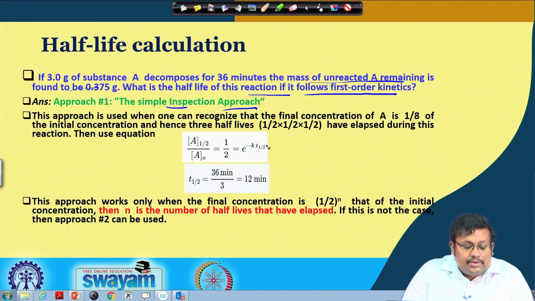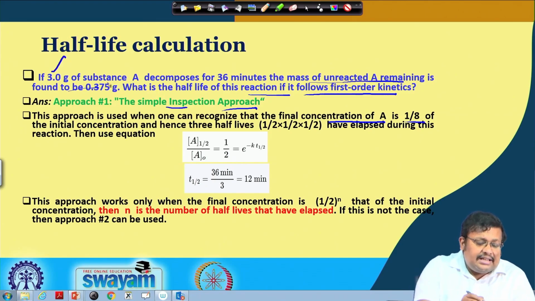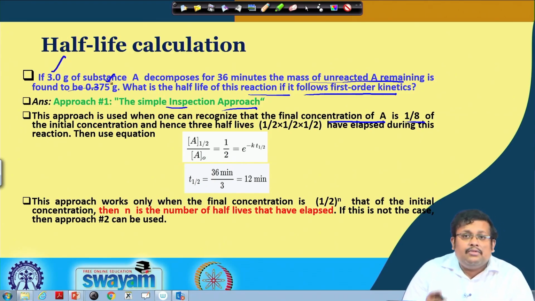This approach is used when one can recognize that the final concentration of A is 1/8 of the initial concentration. You can see the initial concentration is 3 grams and the final concentration is 0.375 gram, which is 1/8 of the initial concentration.